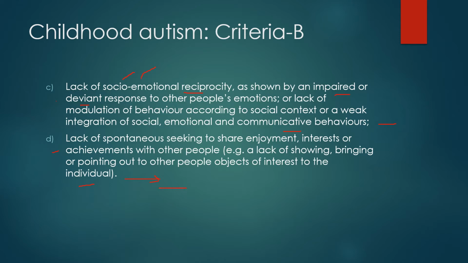So they are not fully aware. Even if the other person asks, they might say something, however they would not act spontaneously to share their enjoyment and interest or even their achievements with the peer group or other people.